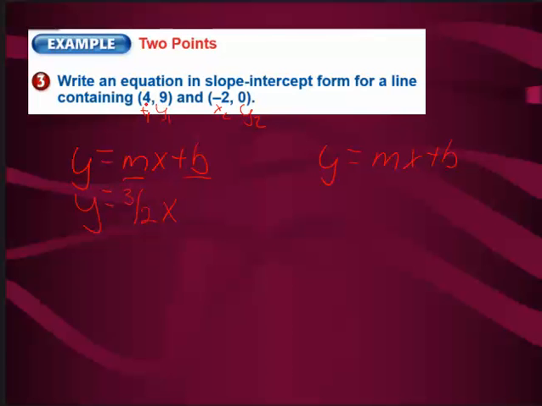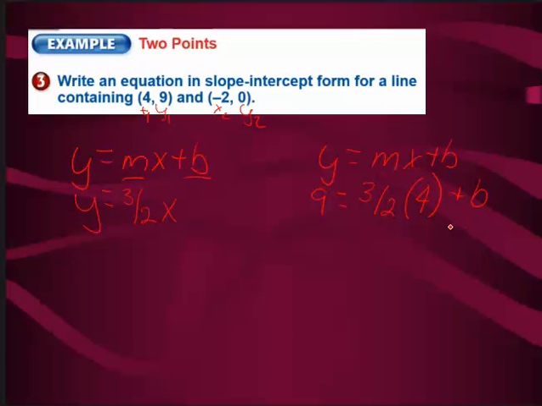Let's start with the first point. Its y value is 9. I now know my slope is 3 halves. And my x value on the same point, I have to use the same point, is 4. And I'm looking for b.